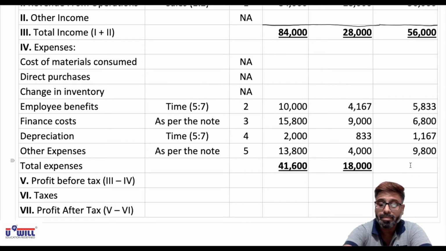And 5,833 plus 6,800 plus 1,167 plus 9,800, that comes to 23,600. Okay, these are the total expenses.